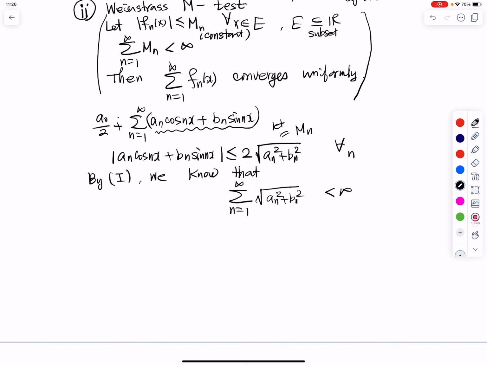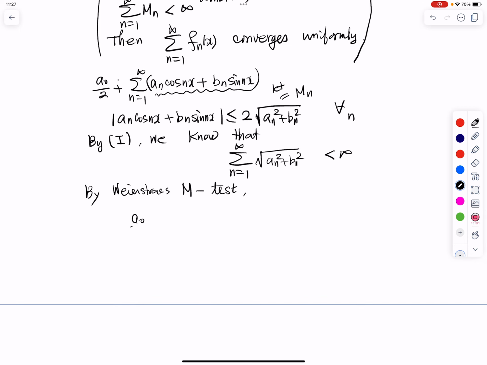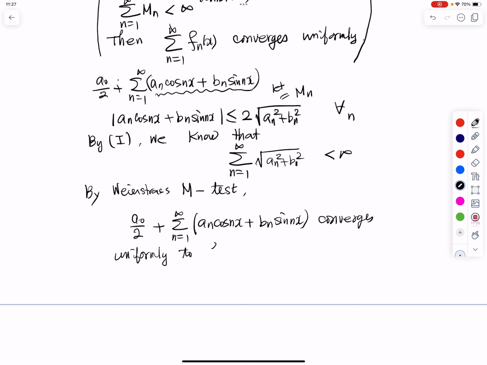Then by the Weierstrass M test, a0 over 2 plus the summation n from 1 to infinity of an cosine nx plus bn sine nx converges uniformly. Well, we already proved this converges to f, so uniformly to f of x.